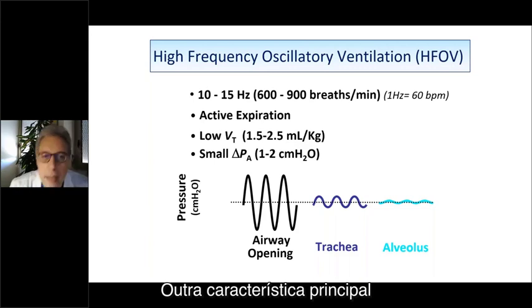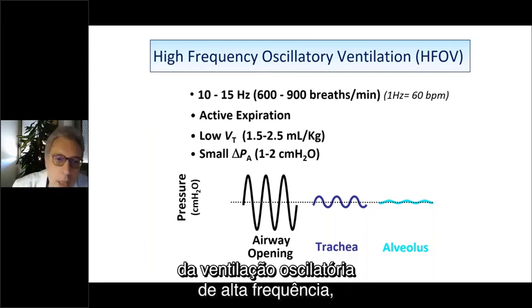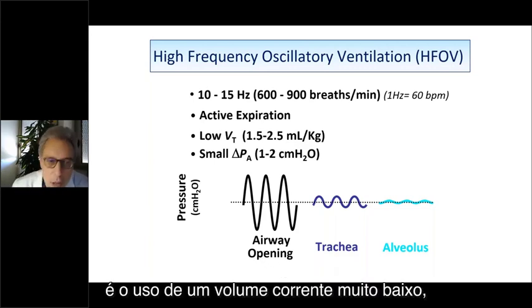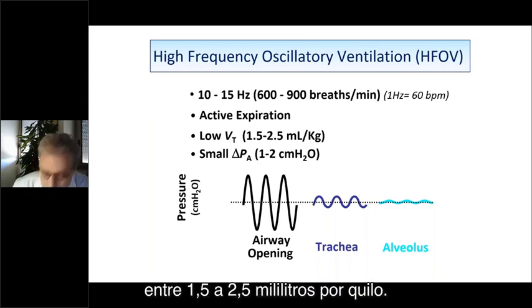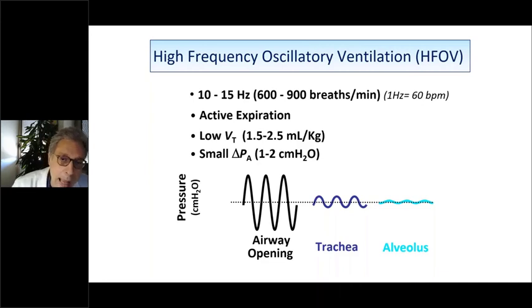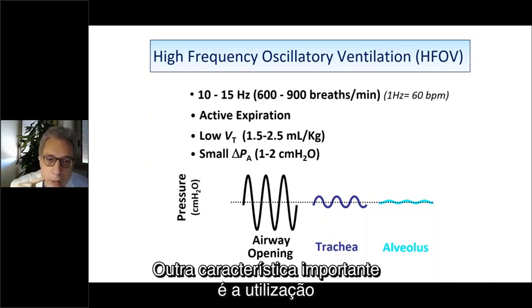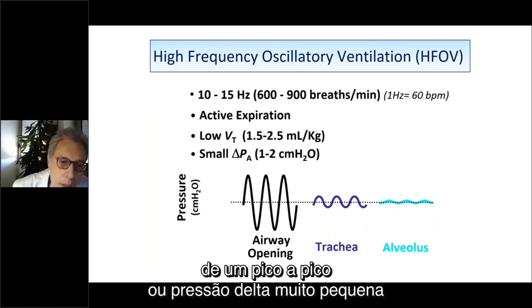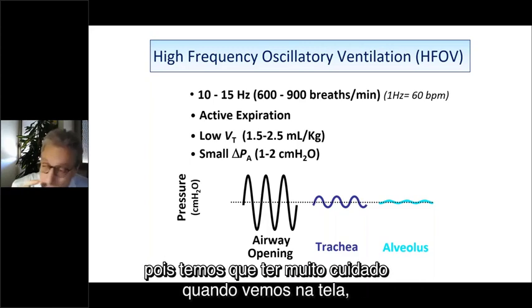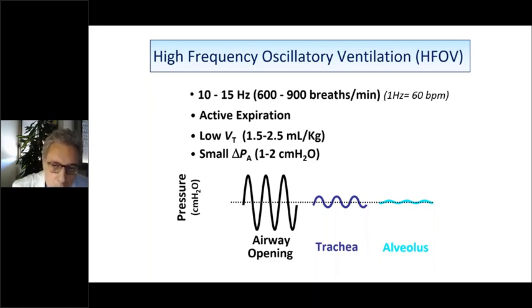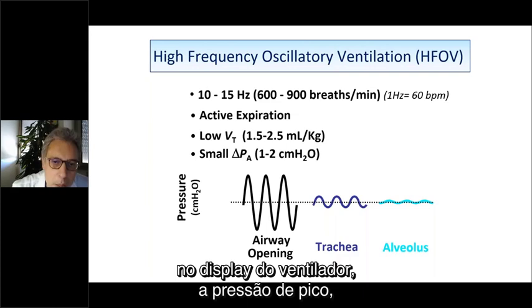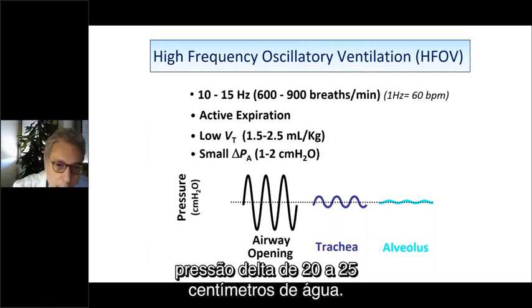Another main characteristic of high-frequency oscillatory ventilation is the use of a very low tidal volume, between 1.5 to 2.5 milliliters per kilo, and another important characteristic is the use of a very small peak-to-peak or delta pressure, because we have to be very careful when we see on the display of the ventilator the peak pressure, delta pressure of 20-25 centimeters of water.